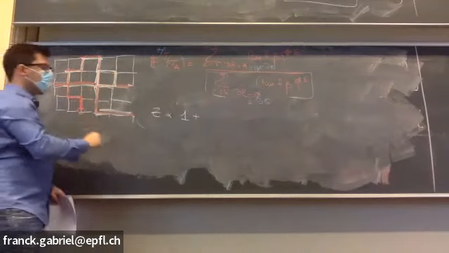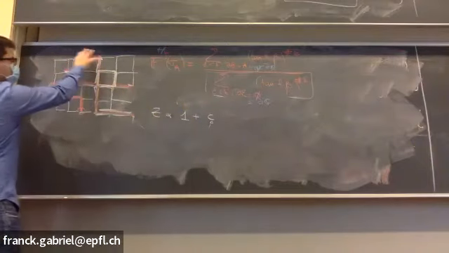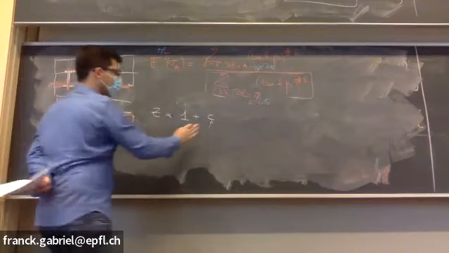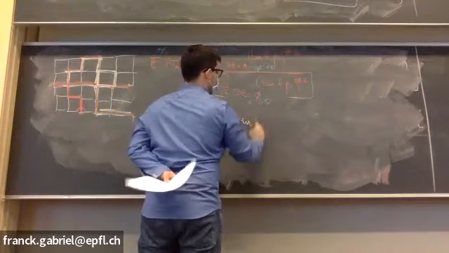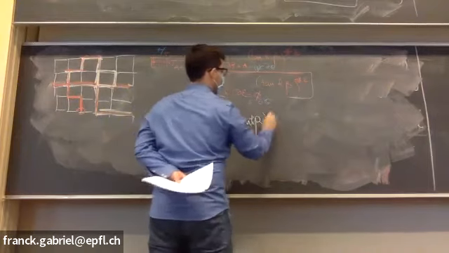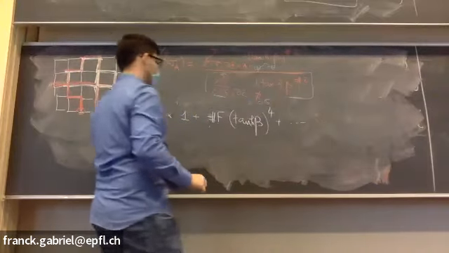So it will give me a certain coefficient here, which is how many faces I have, times h beta to the power 4. Plus, and we keep on like that.